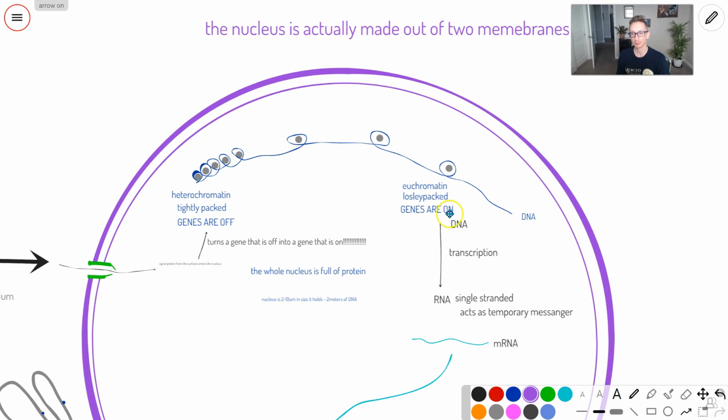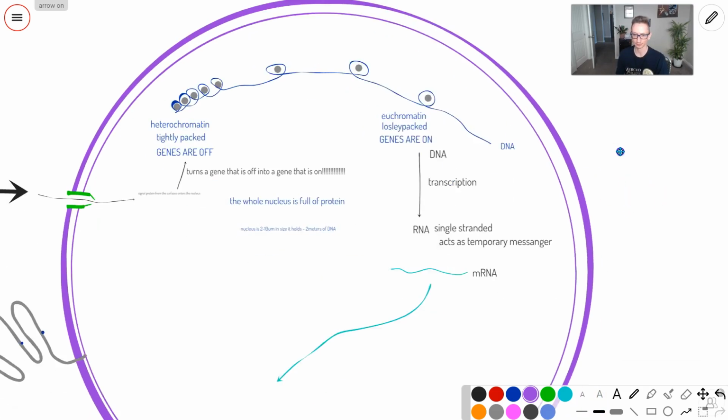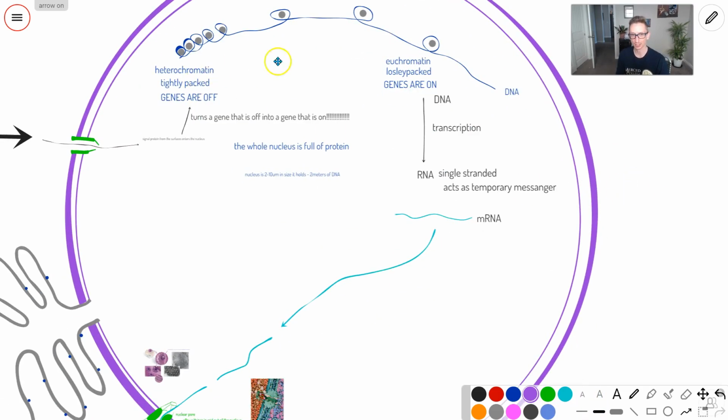If it's loosely wrapped, the genes are on. Things like your thoughts can change whether your genes are off or on. For example, if you're really stressed out, you're going to have all your stress genes on, whereas if you're real relaxed and chill, you're going to have your chill genes on, your positive genes.